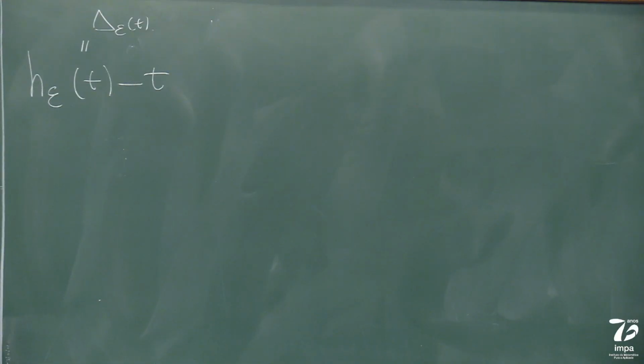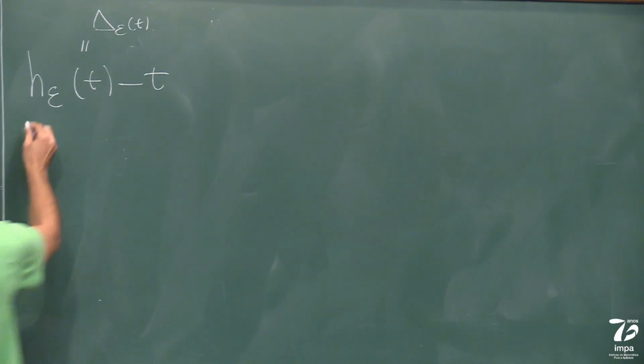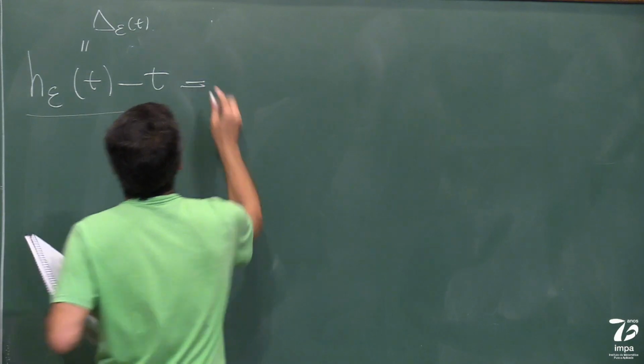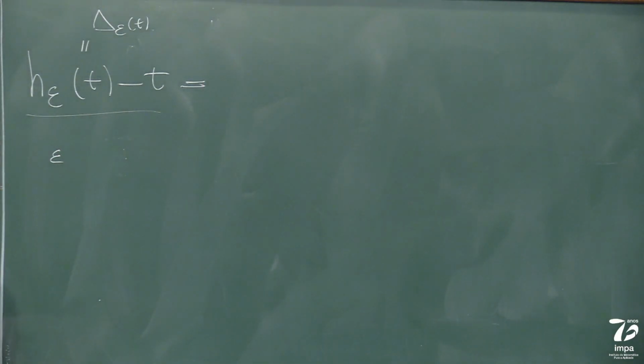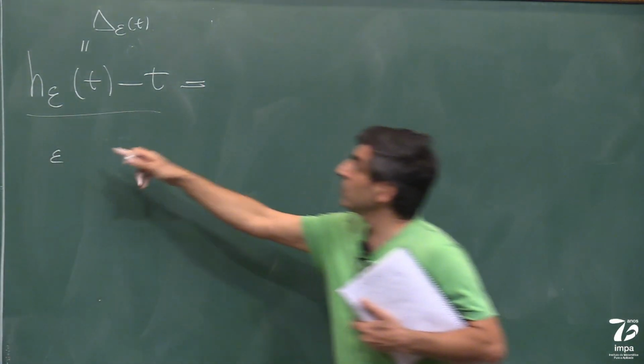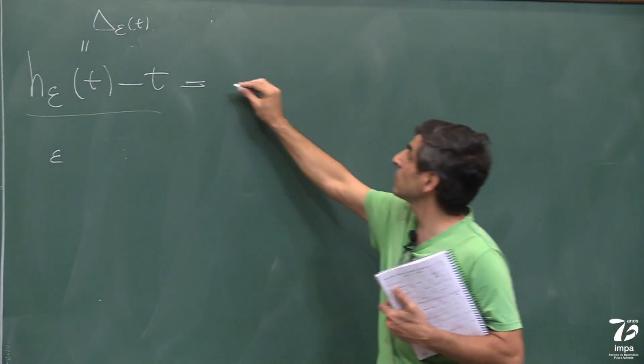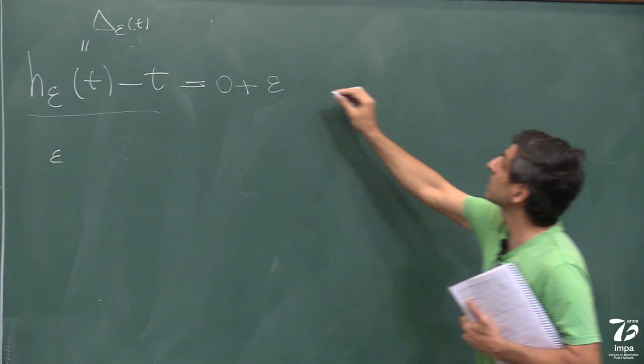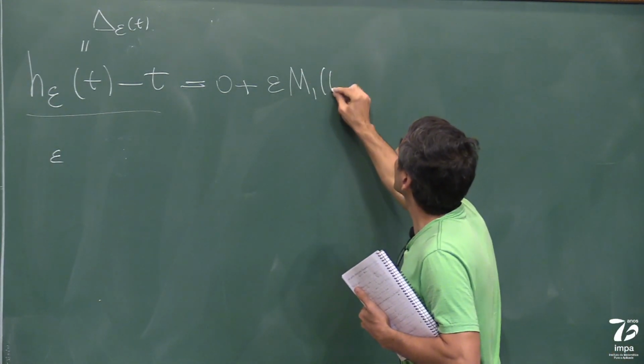Everything is analytic. You can argue that it started from polynomials, the solutions become holomorphic, given by holomorphic functions. At the end of the day, this is holomorphic. You can write down its Taylor series in epsilon. For epsilon equal to 0, h was the identity, so the first term is 0. But from the next term, you will have something non-trivial.